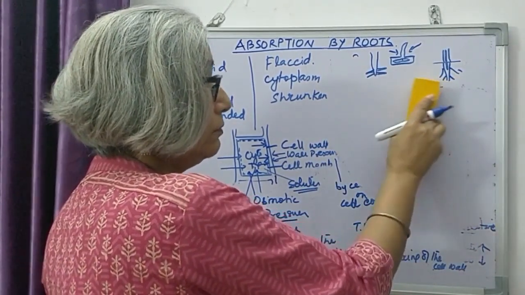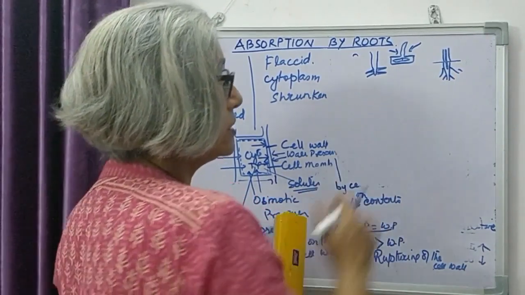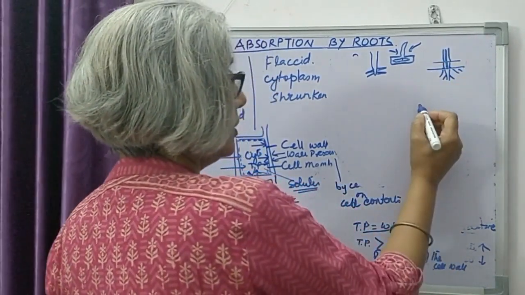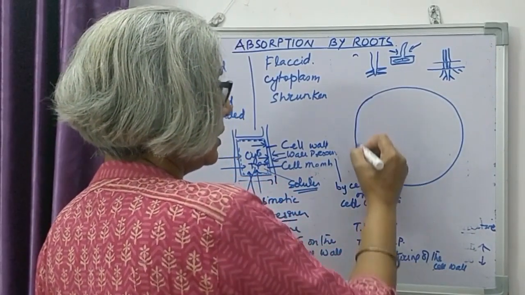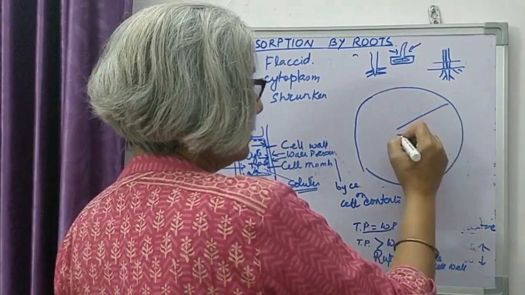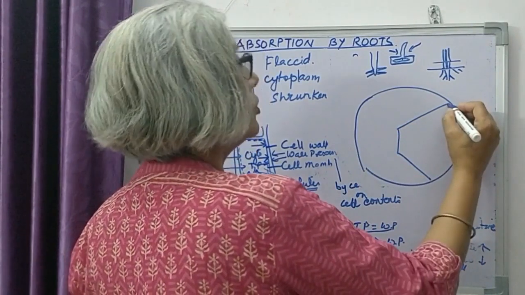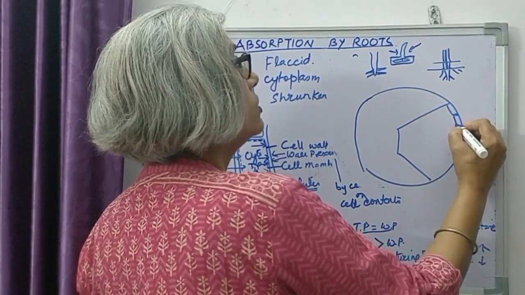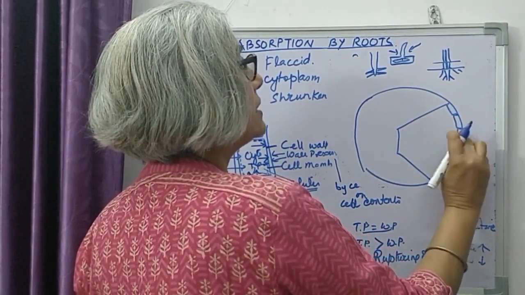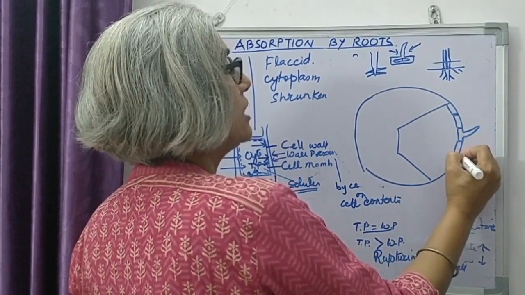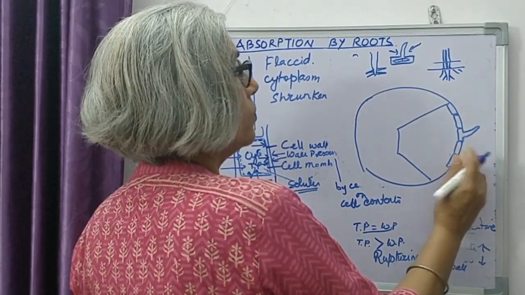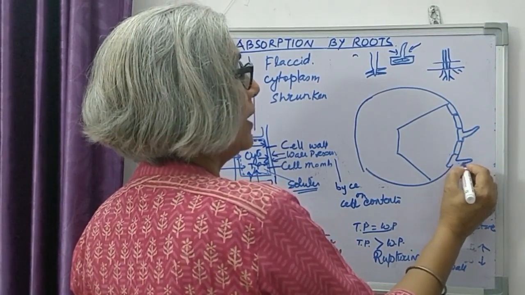Now, suppose I cut a TS of the root. Suppose this is the TS of the root, and I expand one part of the root for you. The outermost cell is the epidermal cell, and this epidermal cell produces extensions like this, which are called root hairs.